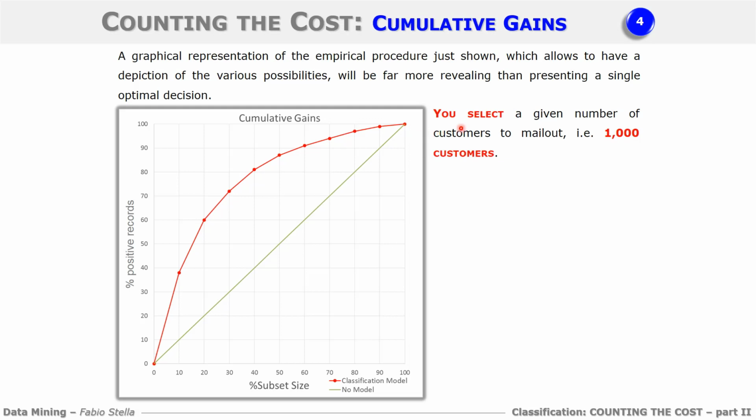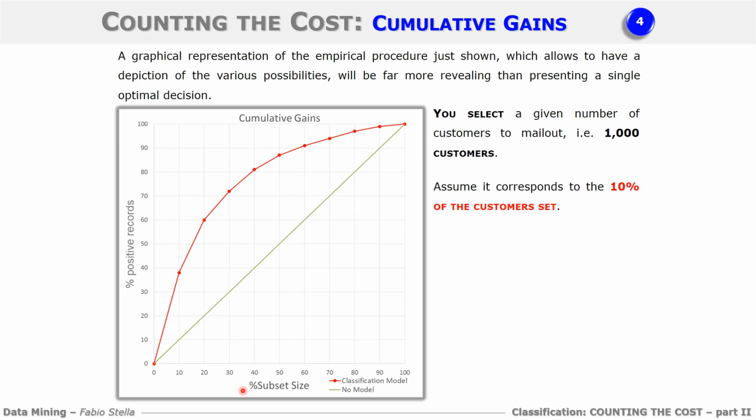Let us now show how to use the cumulative gains diagram. First of all, you select a given number of customers to mail out. For example, you select 1,000 customers. Assume that the 1,000 customers belonging to this subset correspond to 10% of the cardinality of the customer set.